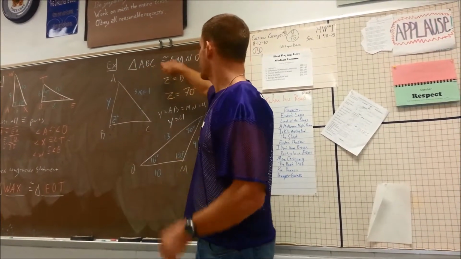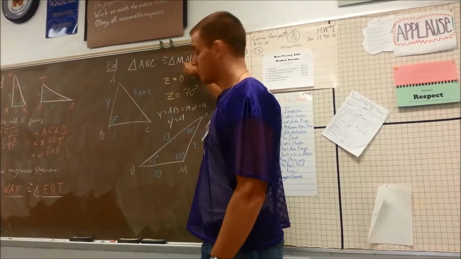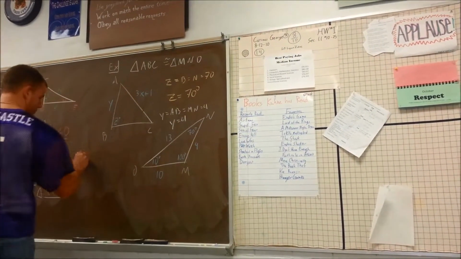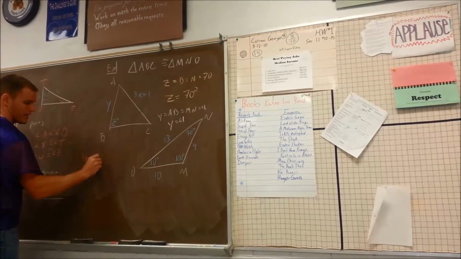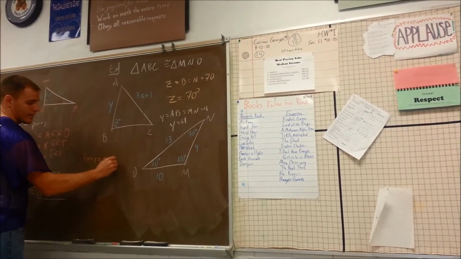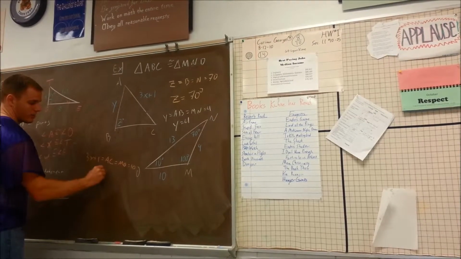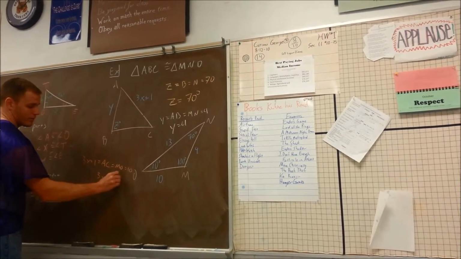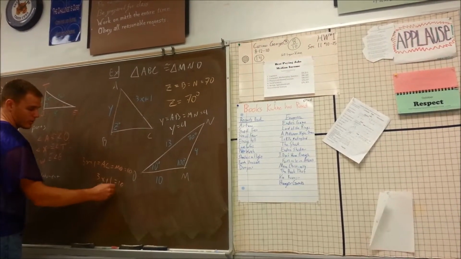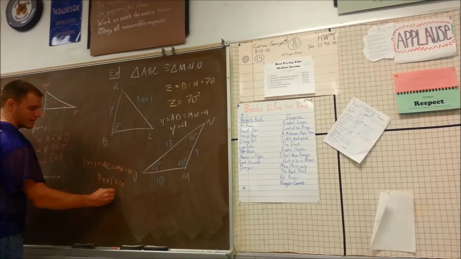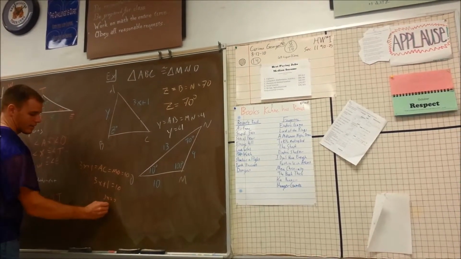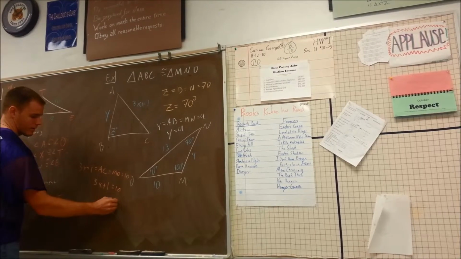AC matches up with MO. So 3x plus 1 is the same as AC, and that's the same as MO, which is 10. So by the transitive property, 3x plus 1 is equal to 10. Subtract 1 from both sides, 3x equals 9, so x equals 3.